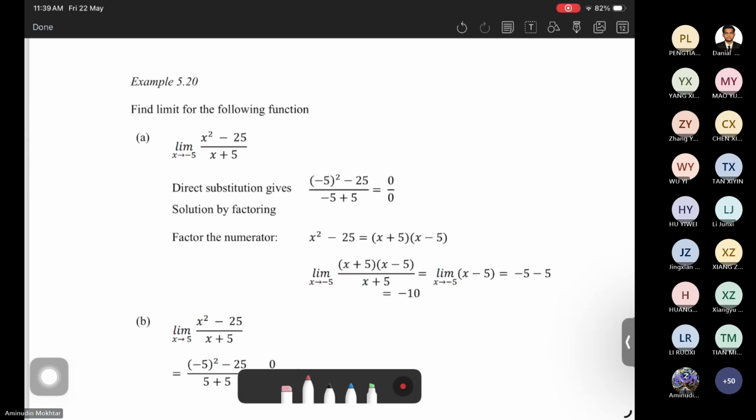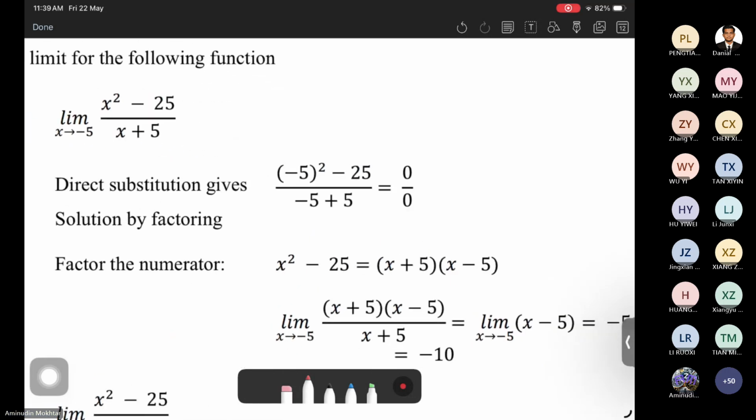When we do direct substitution, we just substitute x equals -5 in the equation. We get -5 squared minus 25, and the answer is 0. And for the denominator, -5 plus 5 is also equal to 0.